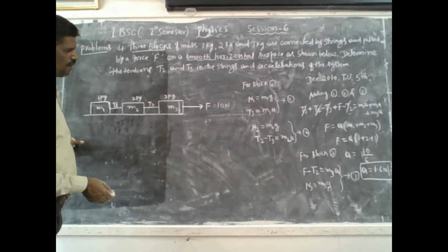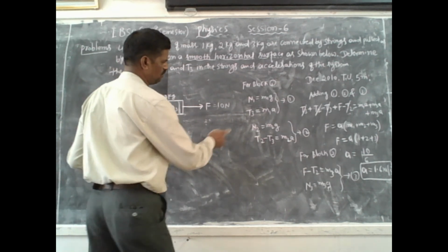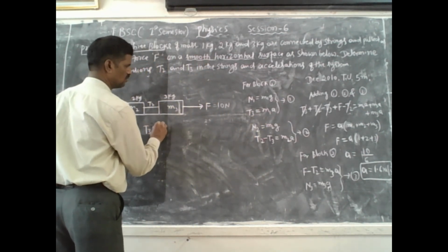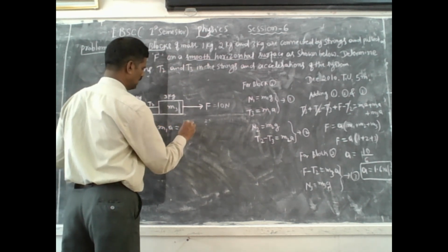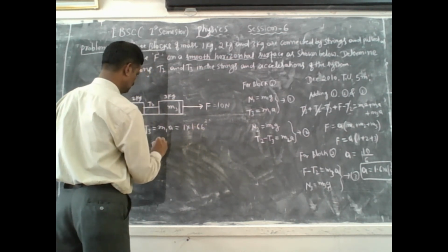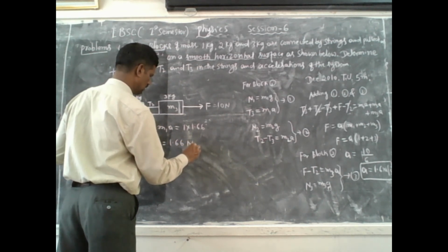Okay. So now the tensions in the strings. T3 is equal to M1A. What is M1? 1 kg into acceleration 1.66. Therefore, T3 is equal to 1.66 Newton.